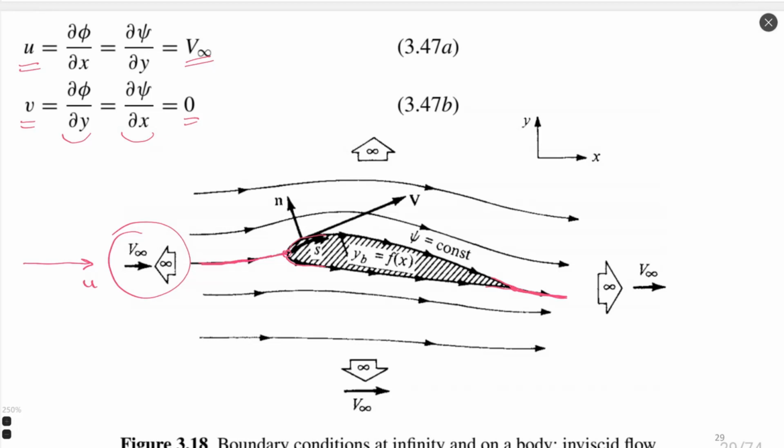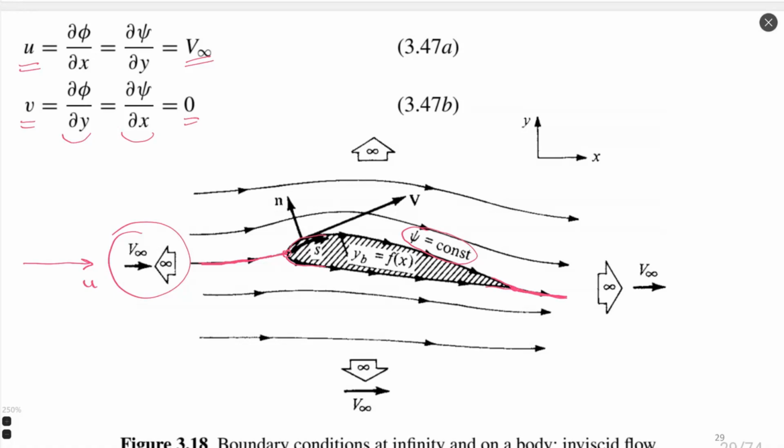So from a computational point of view, the streamline is the same on the upper and lower side of the airfoil. This C written here is constant. It means that when we set the boundary condition for a wall, we have to use a constant value of the streamline function.